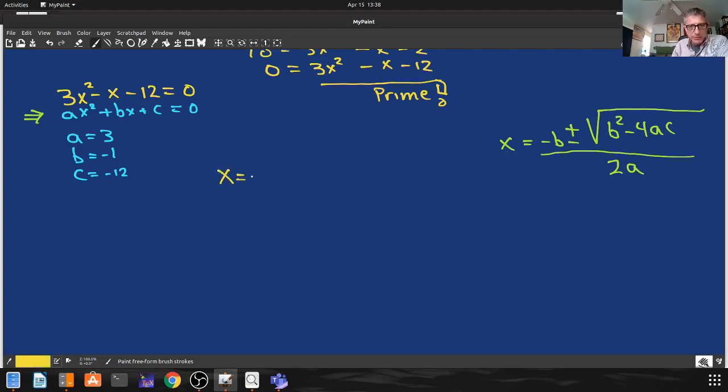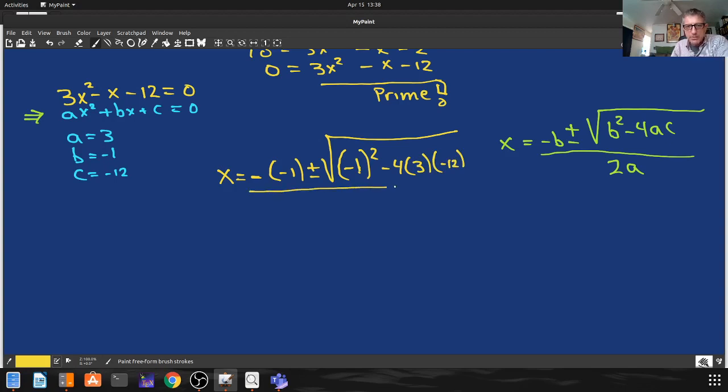So x is equal to minus b, and b is minus 1, plus or minus the square root of b squared. So b is minus 1 squared minus 4 times a, which is 3, times c, which is minus 12.